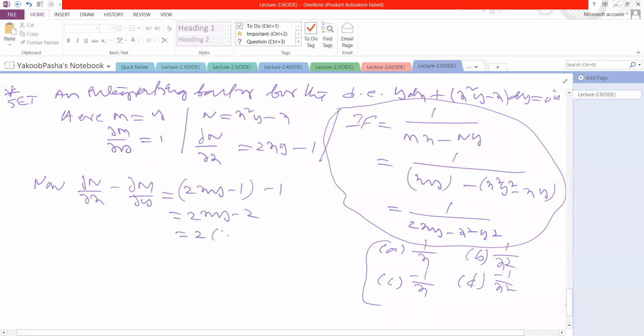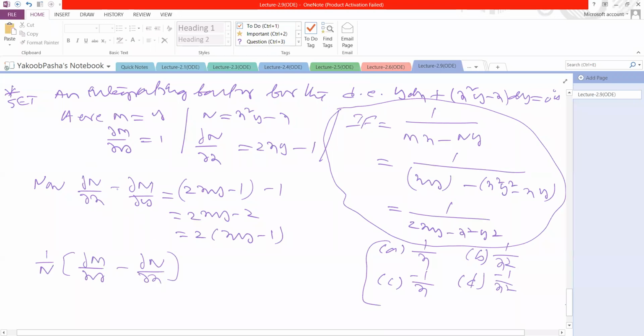So this is equal to 2 of xy minus 1. So if you divide with the n, what will we get, xy minus 1. So I am writing 1 by n into dou m by dou y minus dou n by dou x. Sorry, here the difference should be dou n by dou x minus dou m by dou y, we don't have to take it the other way.